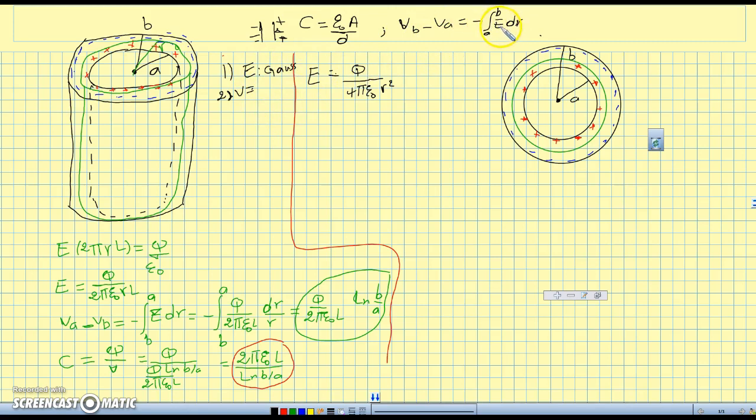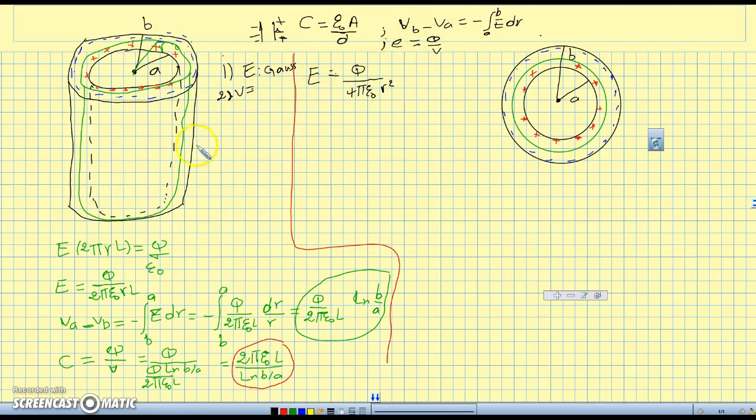Once you find E, put it here and use the definition of differential potential between 2 points in space to find the voltage between 2 points, in this case A and B. The next step is to evaluate C, which is equal to Q over V. That's the strategy. Okay, find E, find the voltage, find C.